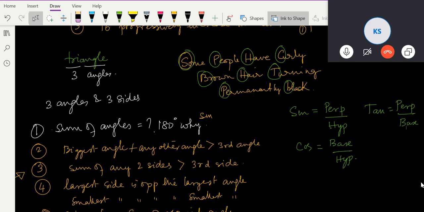Another way, which I learned and which I find easier, is SOH CAH TOA. So SOH, CAH, TOA.